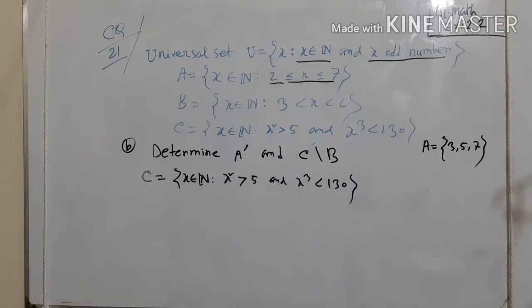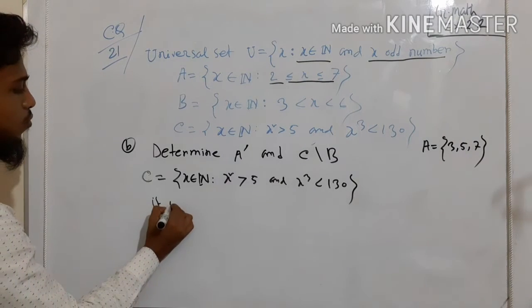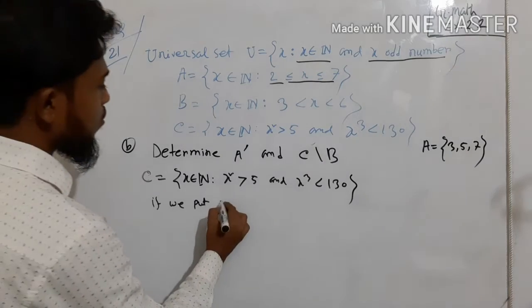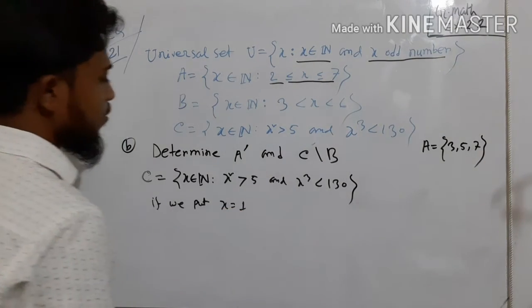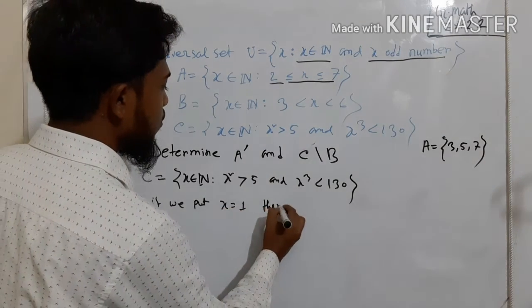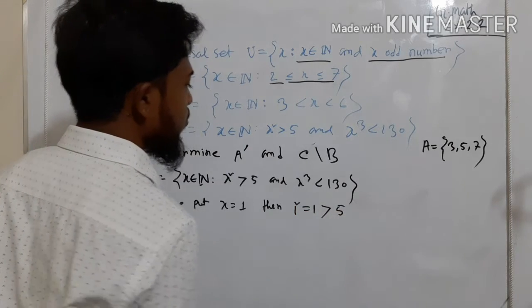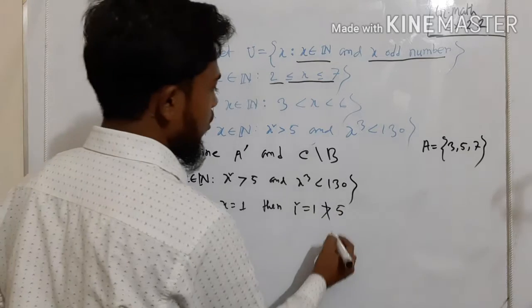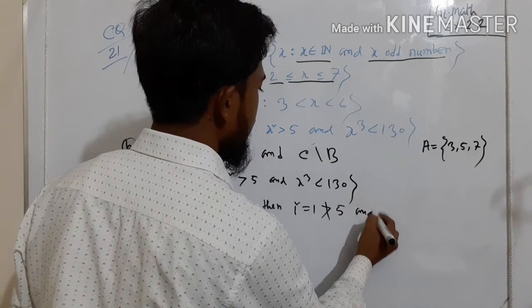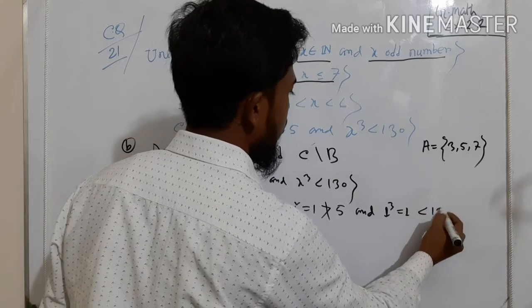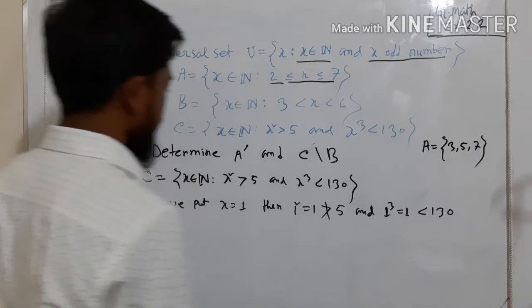So according to the condition, if we put x equal to 1, then 1 square equal to 1 is not greater than 5, and 1 cube equal to 1 is less than 130.